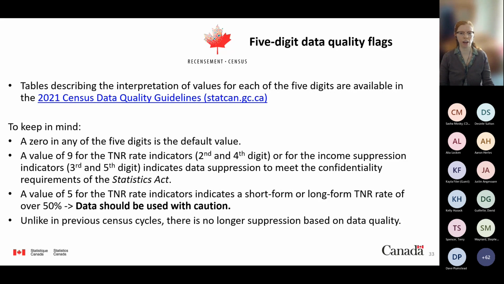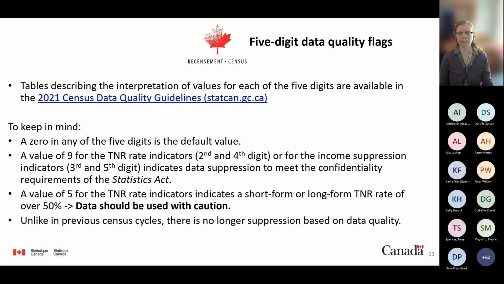A value of 9 for the TNR rate indicators or for the income suppression indicators indicates suppression to meet confidentiality requirements. And a 5 for the TNR rate indicators indicates a TNR rate of over 50%. And as Alex mentioned, in that case, the data should really be used with caution.